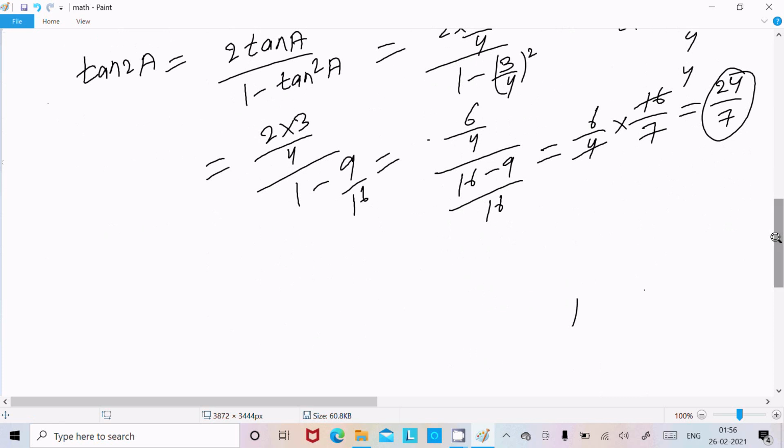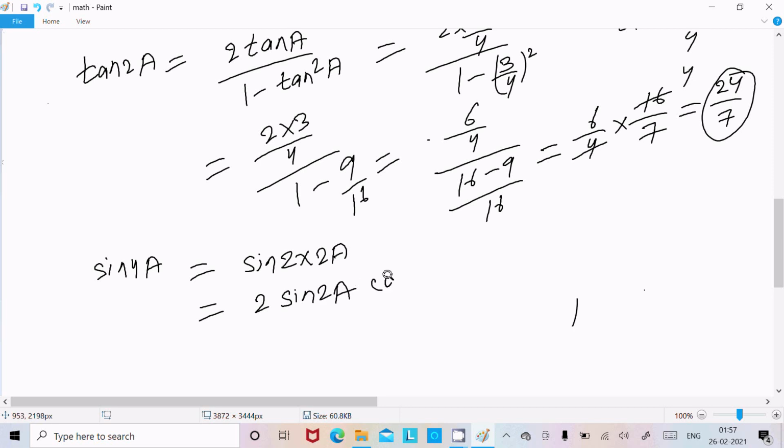Now tan 2A calculated. Hereafter going to calculate sin 4A. So we can write sin 4A, sin 2 into 2A. Okay, so here sin 2A we already know, 2 sin A into cos A. So here we can write 2 sin 2A into cos 2A.